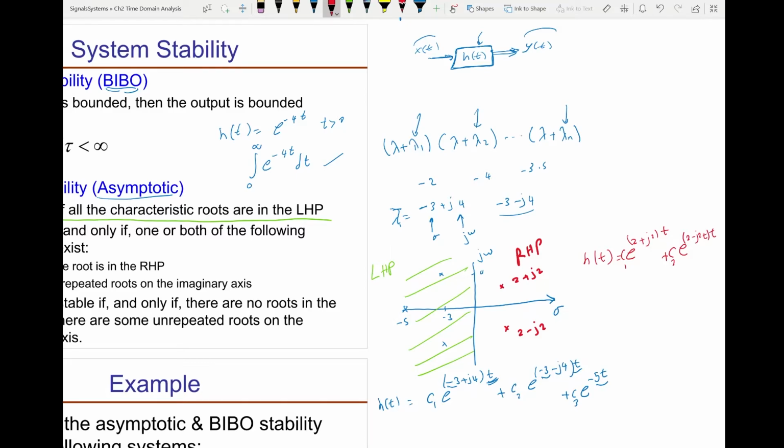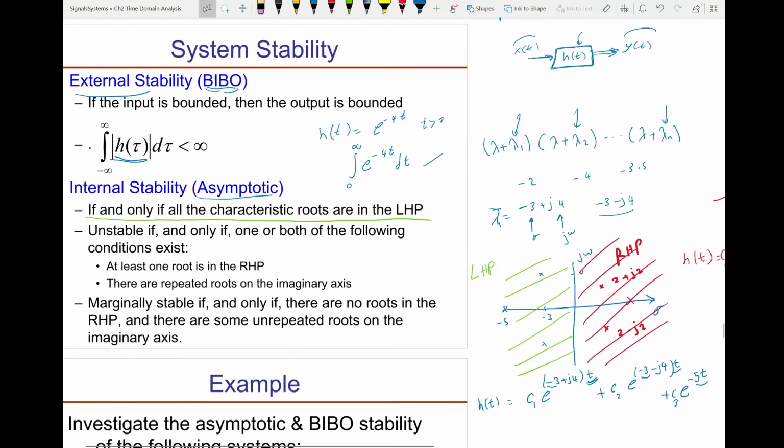See, now this is 2t. As t goes to infinity, this will just go to infinity, the output, and the system eventually will collapse. So if you have a characteristic root, even 1, on the right-hand plane, then the system is not internally stable. That would be this. It's not stable.